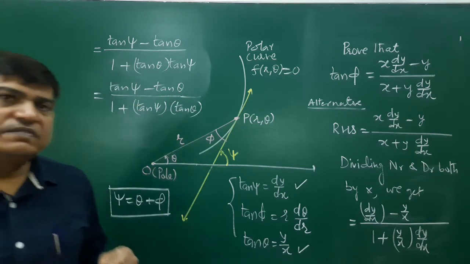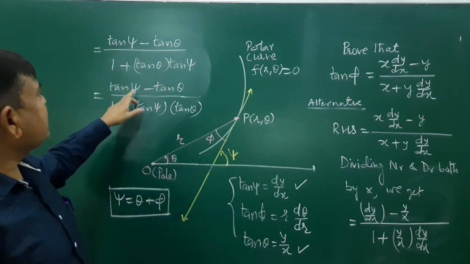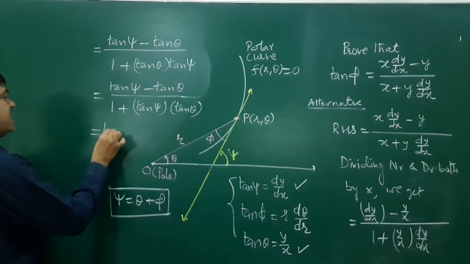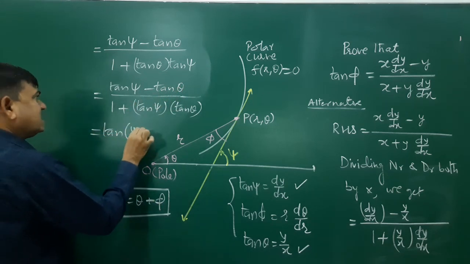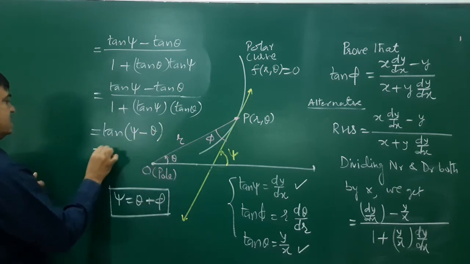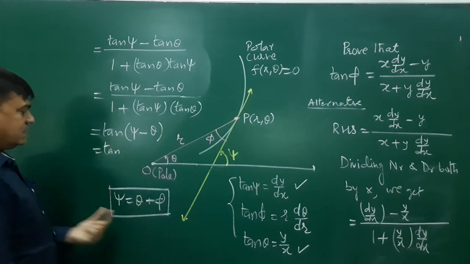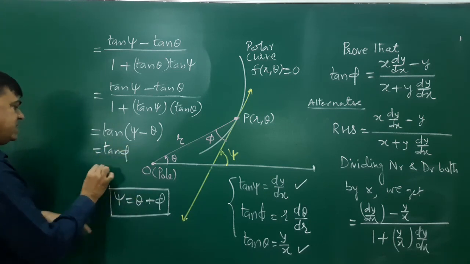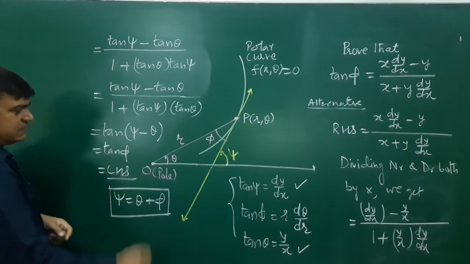A very important result of trigonometry. We know that this is tan A minus tan B upon 1 plus tan A tan B. So this is tan of psi minus theta. This is psi minus theta, so it is phi, and this is the left hand side.